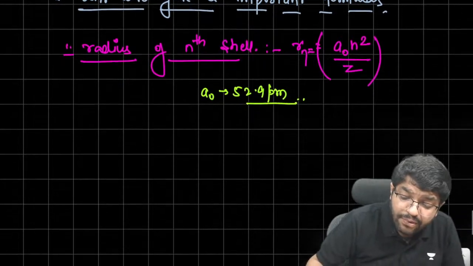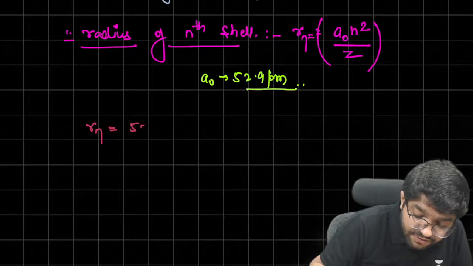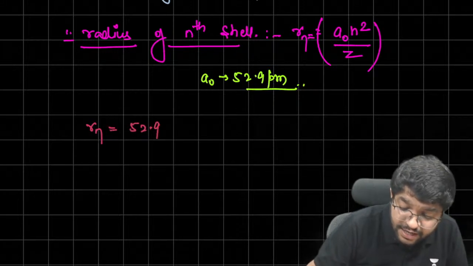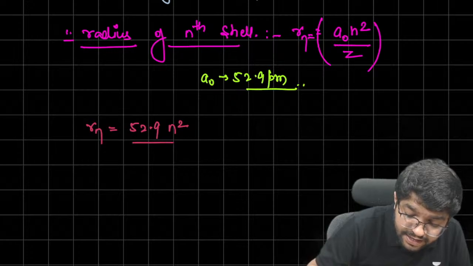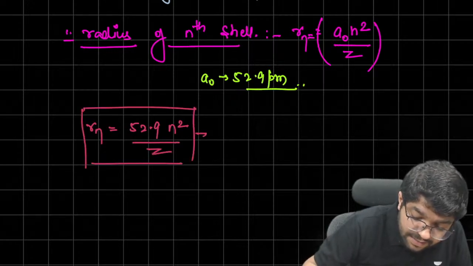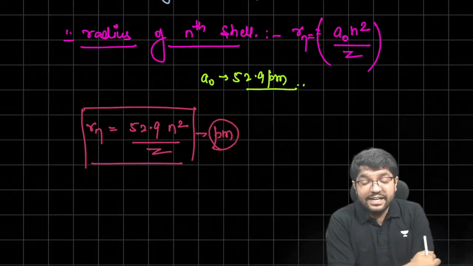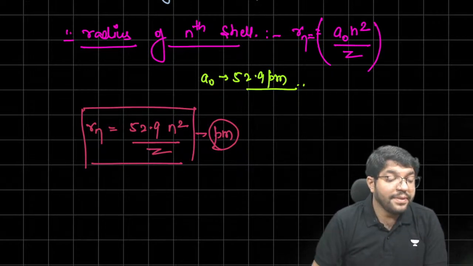So ultimately it boils down to radius is 52.9 into n square by Z, and that is calculated in picometers.